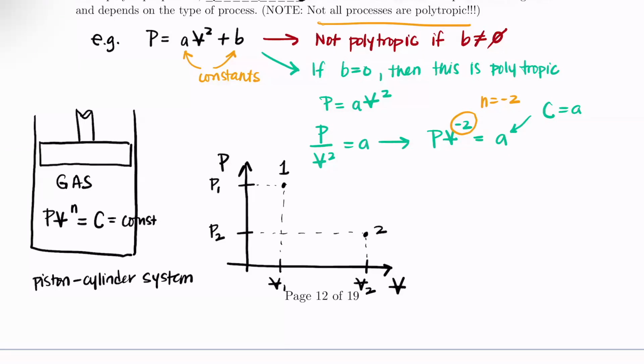All right, and then our process curve will look like this, where we have here that PV raised to the n is a constant.